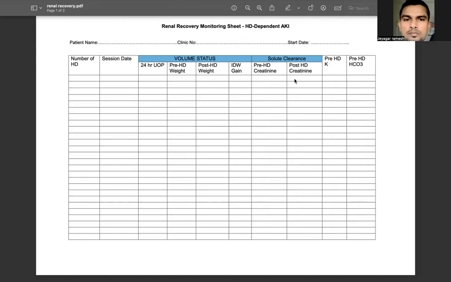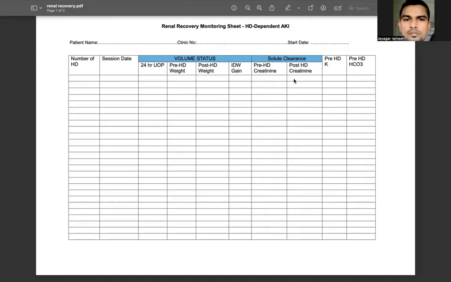After the dialysis, it has been cleared up to 300, and the patient goes home, coming back in 3 days time again with a pre-dialysis creatinine of 700, which indicates that from 300 it has gone up to 700, which means the native kidney itself could not maintain an adequate solute clearance. So that is why the creatinine has gone up within the body, because it has not been cleared.